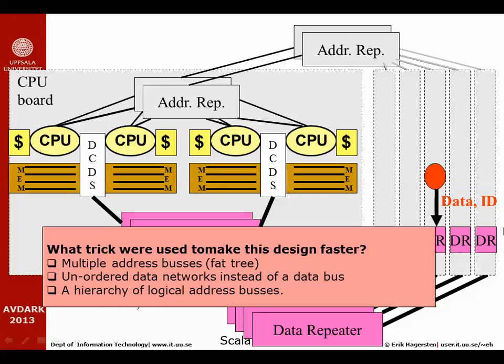We didn't use an ordered network where we synchronously let everybody see the data at the very same cycle, so we leverage an unordered data network. And we use a hierarchy of address repeaters, address buses, to get the wire length down and improve scalability.